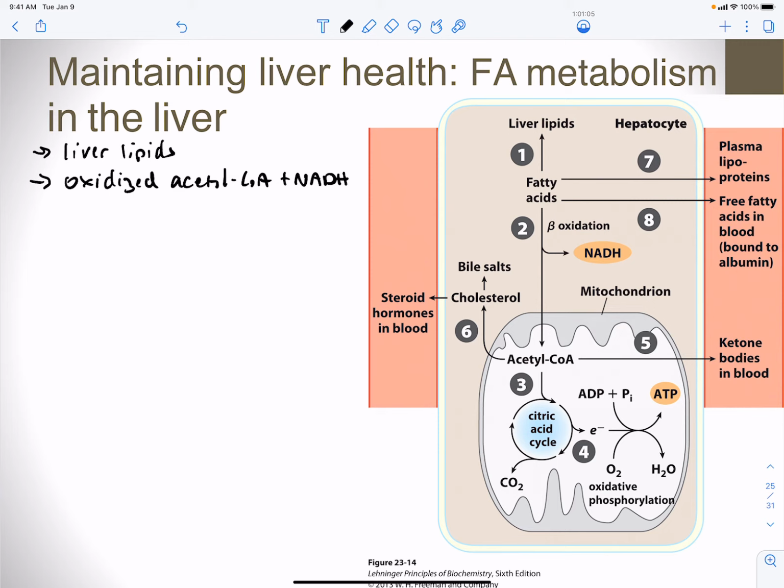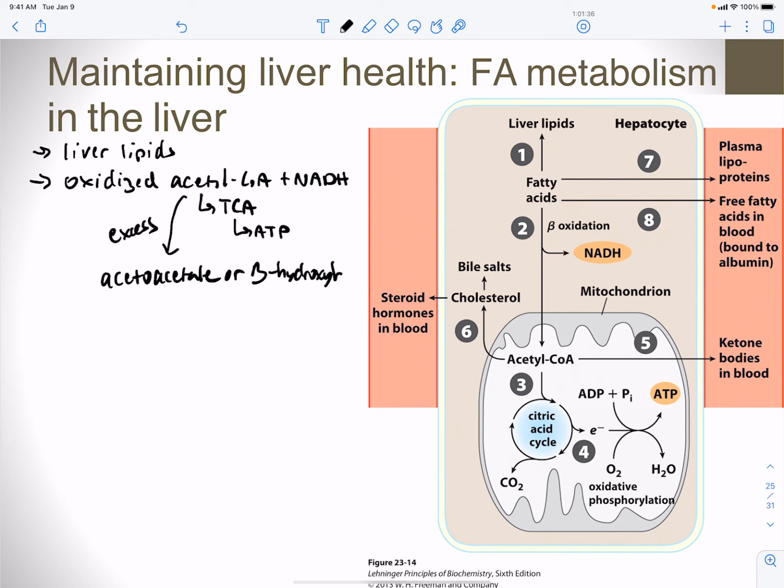This will go to the TCA cycle and generate ATP, and excess acetyl-CoA can be converted to acetoacetate and beta-hydroxybutyrate. These are ketone bodies, and excess acetyl-CoA can also be used to form cholesterol.